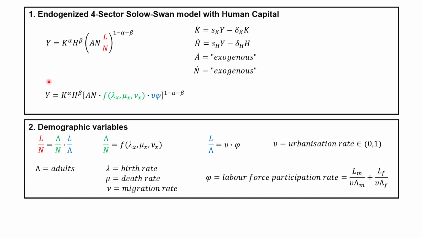Now, substituting these into our production function, we get the following equation as before, except now we'll highlight our first four sectors here: physical capital, human capital, technology, and population. But now workers per capita gives us the demographic variables that we want to expose. That is the fertility rate, mortality rate, migration, urbanization, and labor force participation rate.